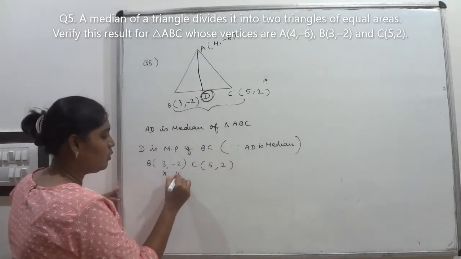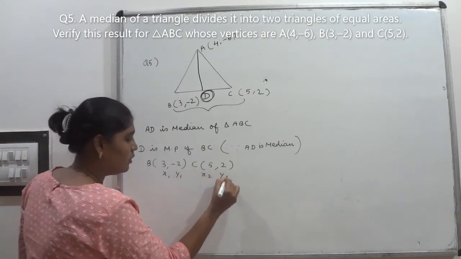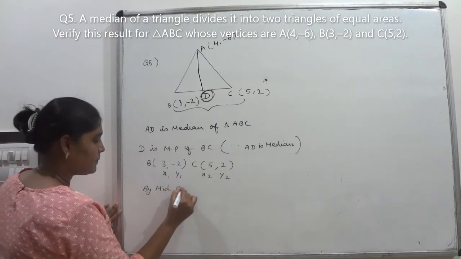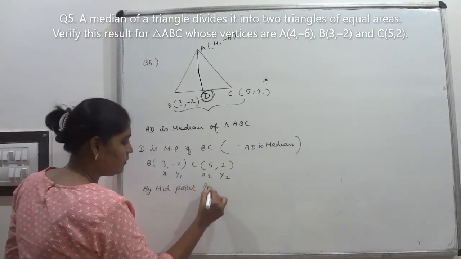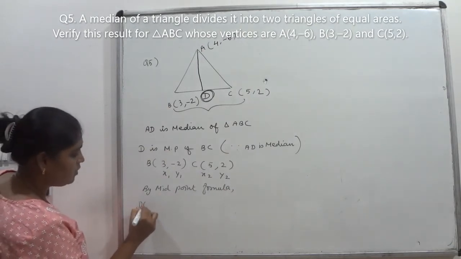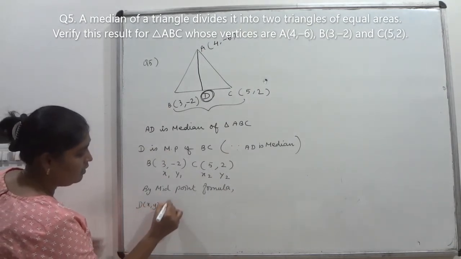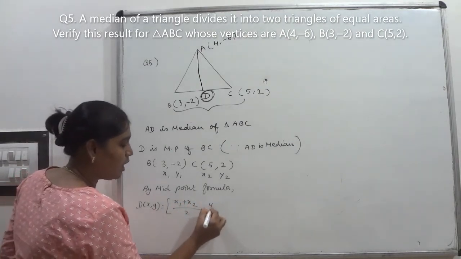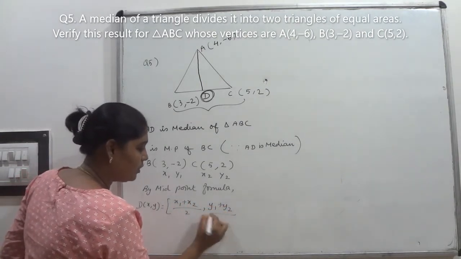Mark x1, y1, x2, y2. By the midpoint formula, you know that already: x1 plus x2 upon 2, y1 plus y2 upon 2.